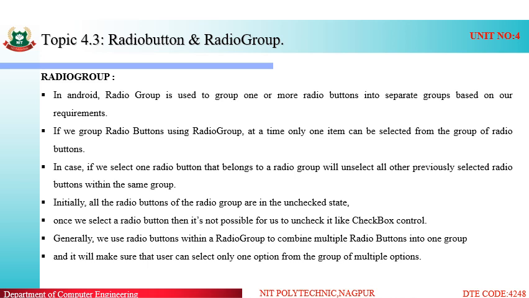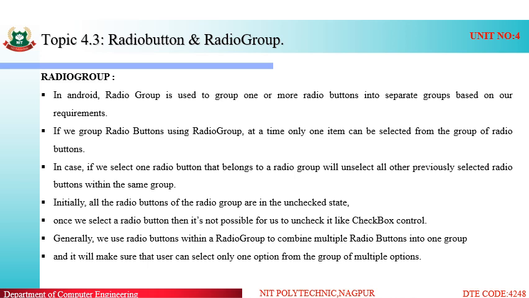If we take a radio button group, inside the group multiple radio buttons are present. If we select one particular radio button, then the other buttons will automatically get unselected or unchecked. Initially all the radio buttons are in unchecked state. Once we select a radio button, it's not possible for us to uncheck it like the checkbox.